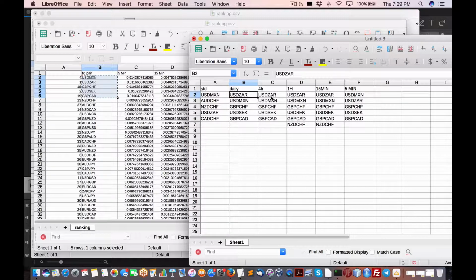So you can see on the 4-hour, 1 hour, and 15-minute it's consistent, and then on the 5-minute it switches. But the interesting thing is when you look at the intraday level, the US dollar, Mexican peso has got the most vol on the standard deviation level. And then when you look at the rand, it's fourth most volatile on the standard deviation.